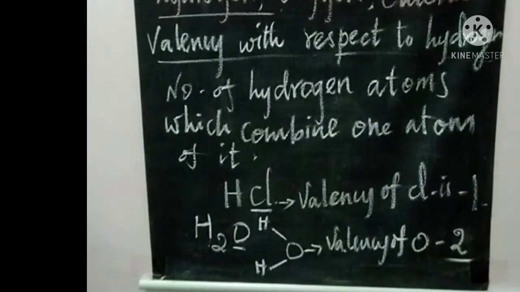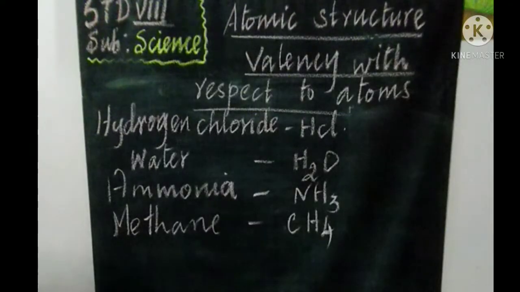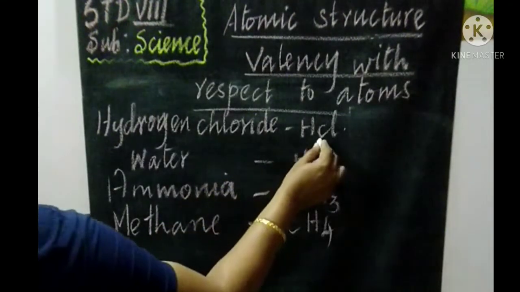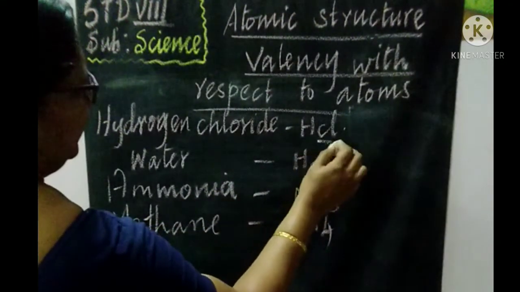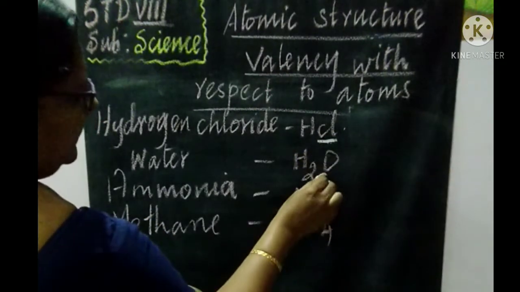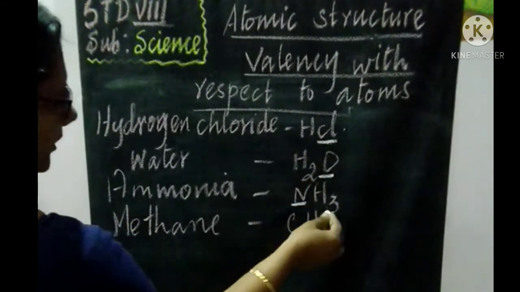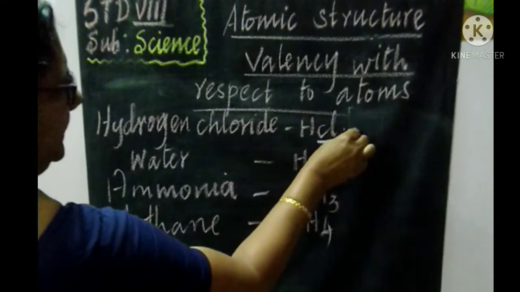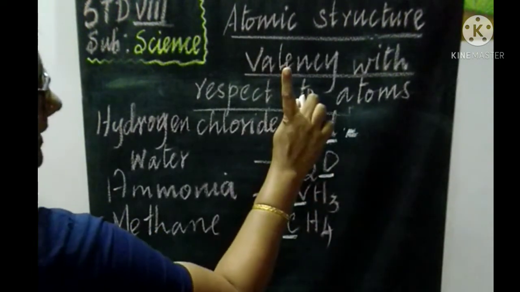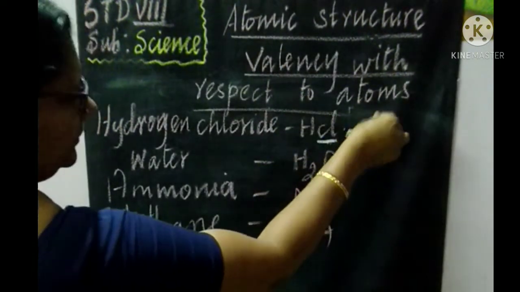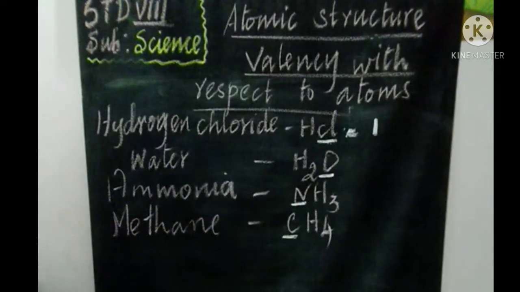Do you understand how to find the valency? Now you can say the valency of the atoms which I am underlining. What is the valency of chlorine here? One hydrogen atom is attached here, so the valency is 1.